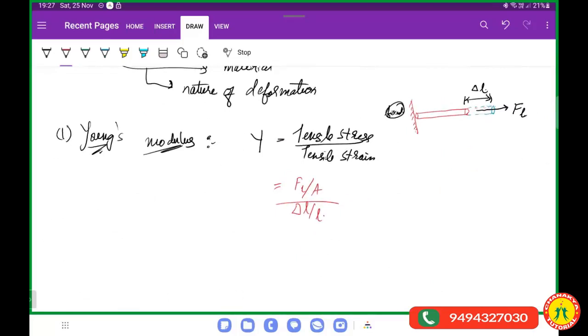In all these modulus formulas, it will be the same, just a little bit up and down. The units will be similar: stress by strain and stress by strain only.